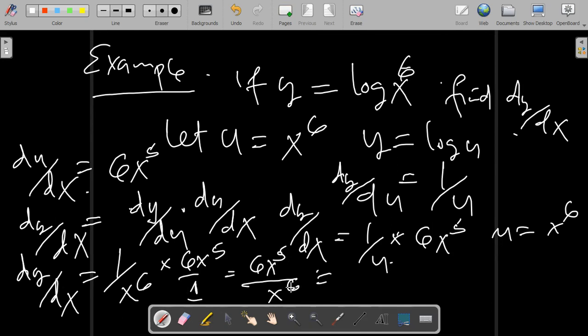The x's cancel out, so you remain with 6 over x. So this will be our answer: dy over dx is equal to 6 over x.